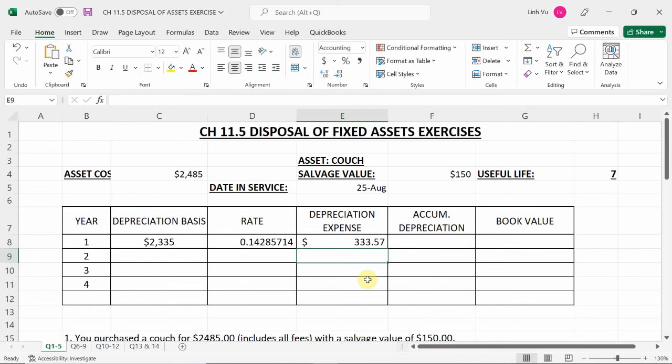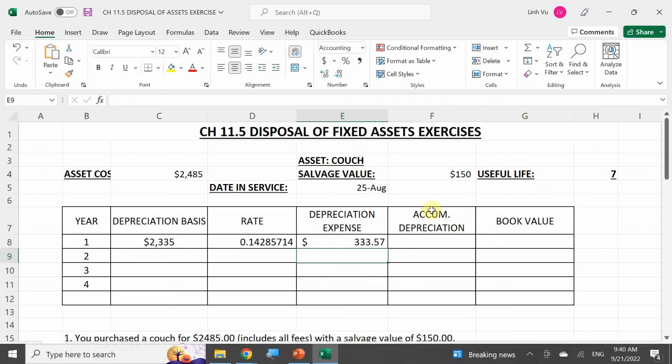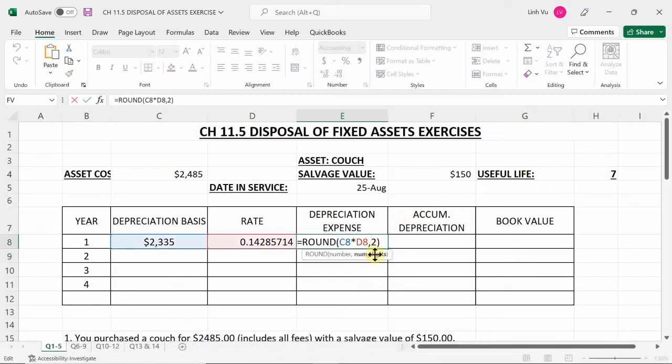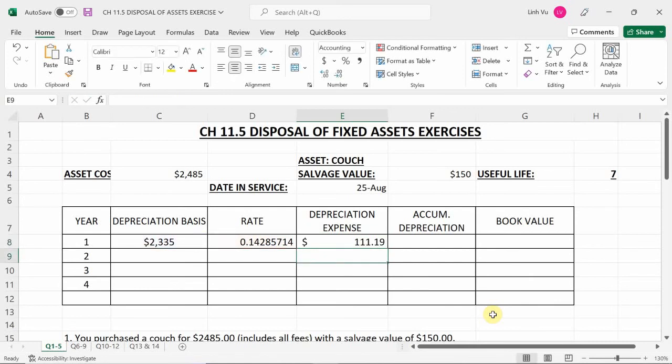So you're going to multiply that 0.33333 by the depreciation expense. And what do you get? I get $111.19. Good.